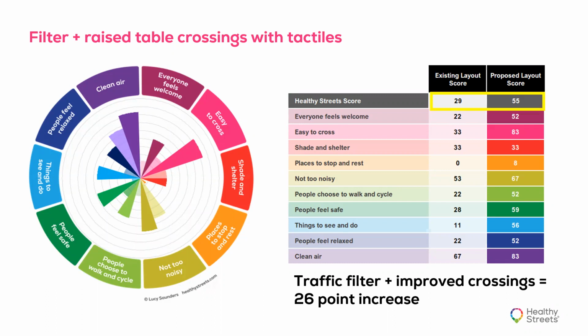So just the combination of the traffic filter and the raised table crossings with tactile paving would increase the score by 26 points. This is a really significant increase and shows the importance of looking at which elements of the baseline score are scoring poorly when you're coming up with your proposed changes.